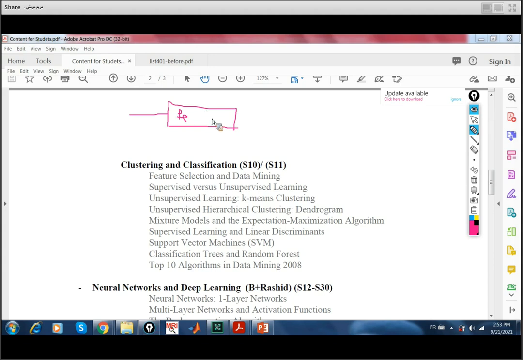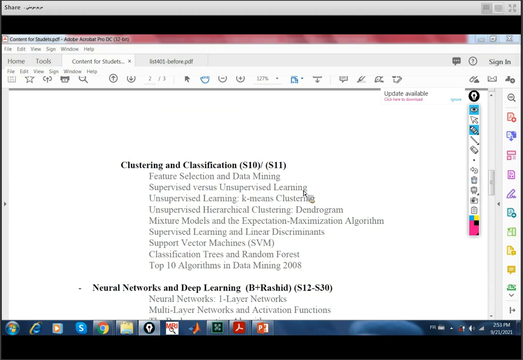My writing is not so nice. Okay, we have feature extraction. After that, we have classification. We have many algorithms for feature extraction, and after that we have many algorithms for clustering and classification.